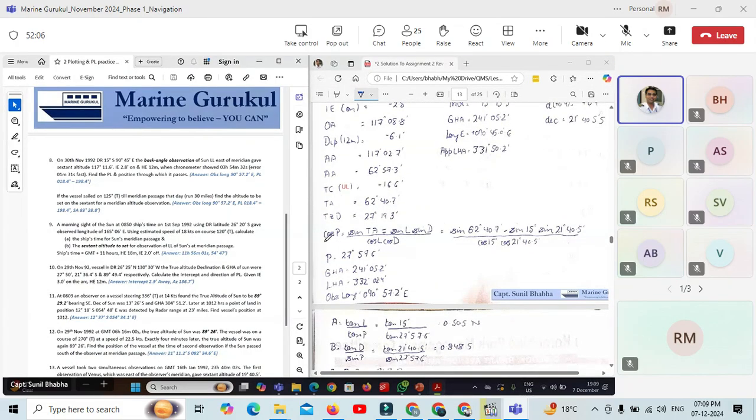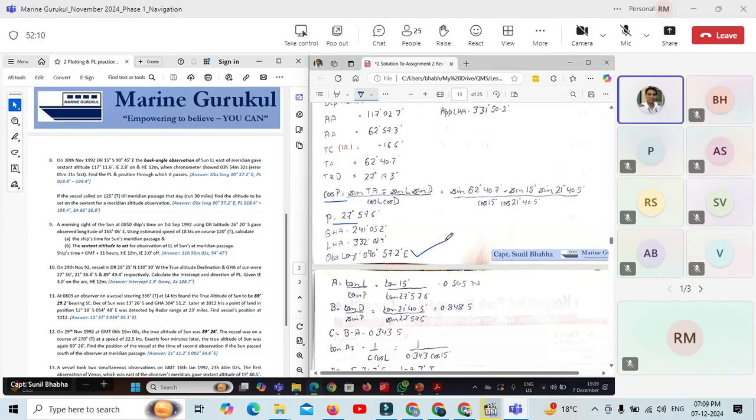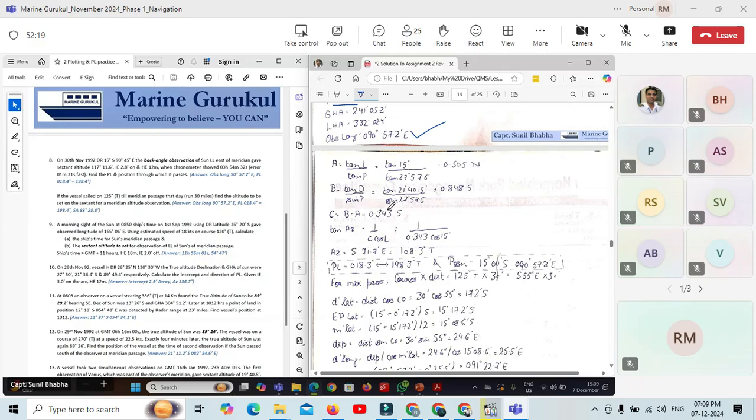He has got the long by chron. Observed longitude is obtained. Okay, all right. And the position through which it passes. If the vessel sailed on 125 till Meridian Passage that day, run 30 miles, find the altitude.